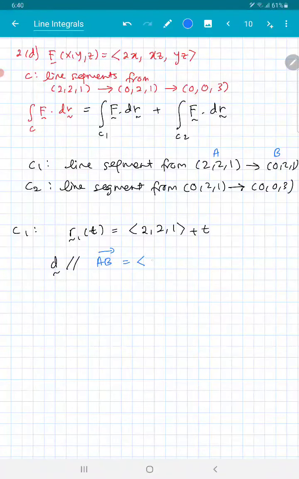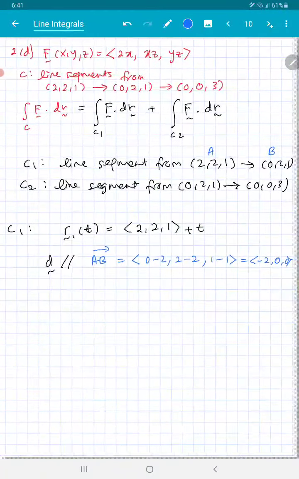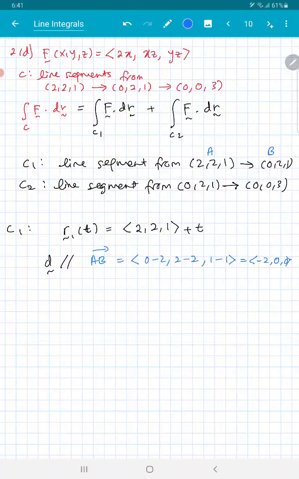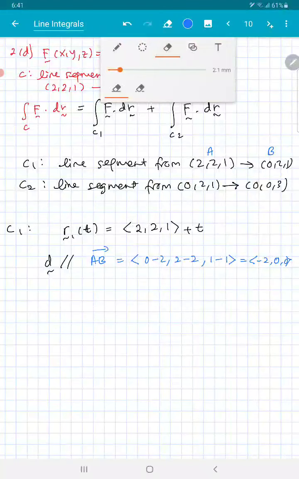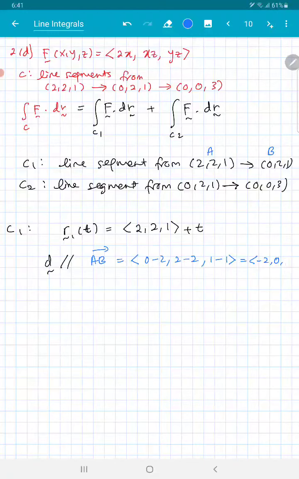So the x coordinate would be 0 minus 2, the y coordinate would be 2 minus 2, and the z coordinate would be 1 minus 1. So this is equal to negative 2i plus 0j plus 0k. That would be a vector parallel to our straight line. Let me rewrite that.